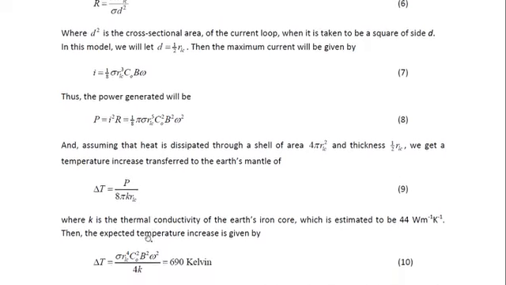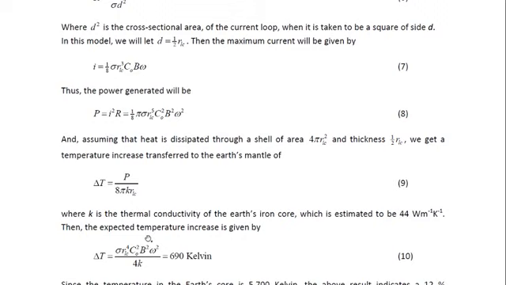And K is the thermal conductivity of the Earth's iron core, which is estimated to be 44 watts per meter per Kelvin. Then the expected temperature increase is given by delta T equals, and remember we now know what P stands for, power, it's given by this equation. So when we plug in all the values, this is what we obtain: sigma RLC to the power 4 C naught squared B squared omega squared over 4K.